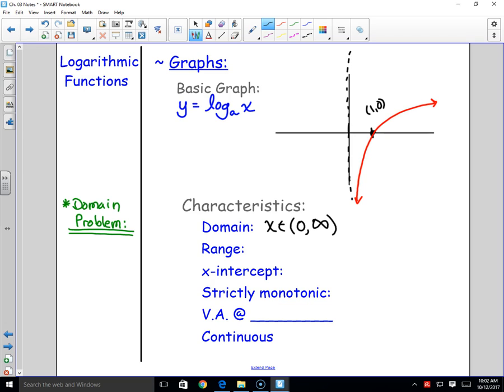What was it? 1.4. Go look at 1.4. In section 1.4, we started making a list of possible domain problems. What are the domain problems that we talked about? Roots and denominators.